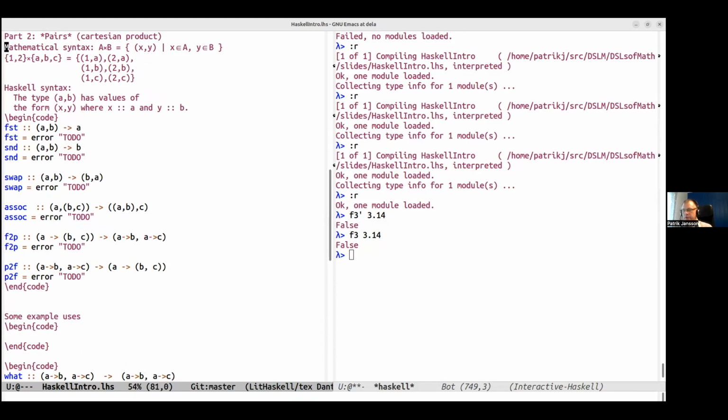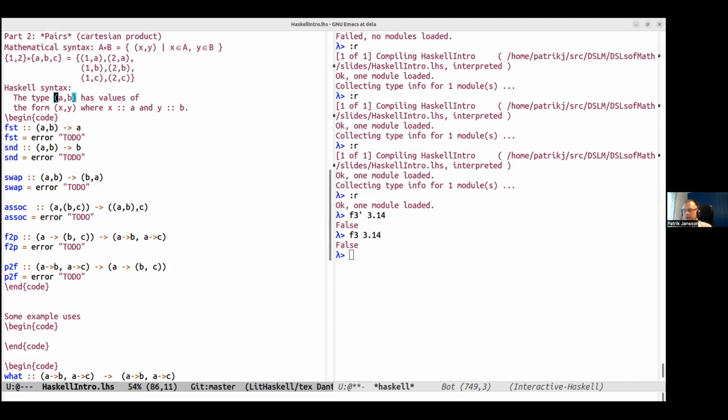So the Haskell syntax doesn't use this infix cross, which is one of the Unicode characters that I don't quite know how to write, but I can copy it at least. So the Haskell syntax instead uses the same parentheses as for the pairs.